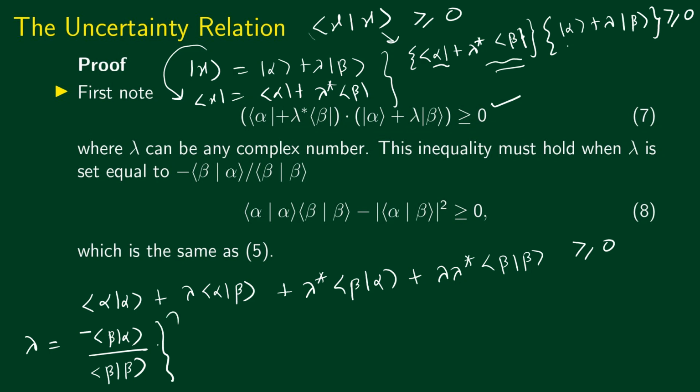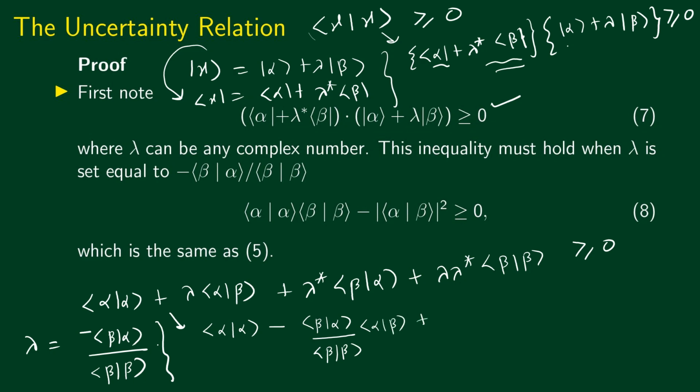The first term is bracket alpha alpha, plus lambda, which has a minus here, so minus bracket beta alpha divided by bracket beta beta, and then bracket alpha beta.